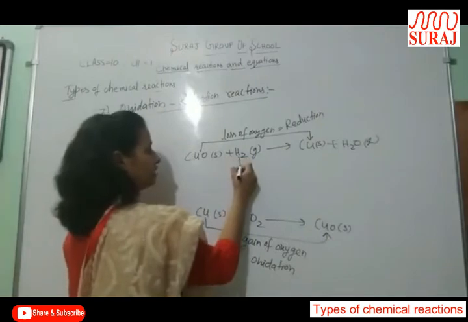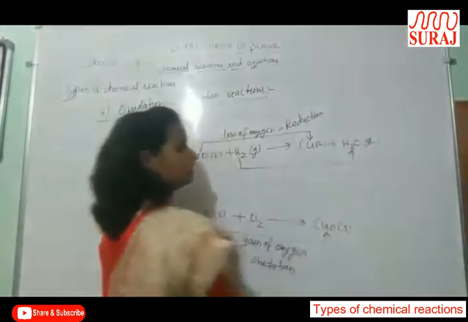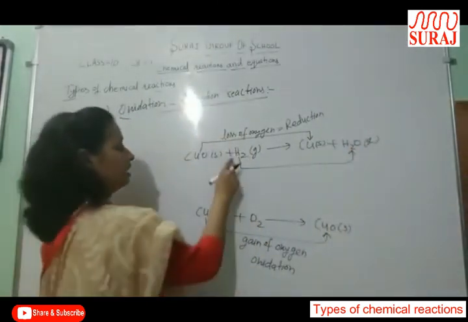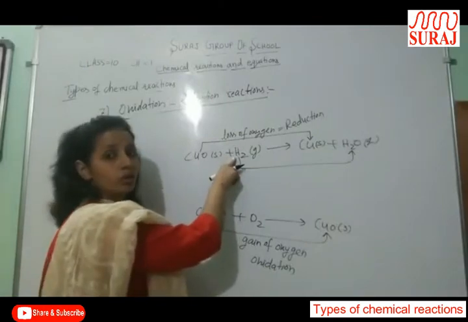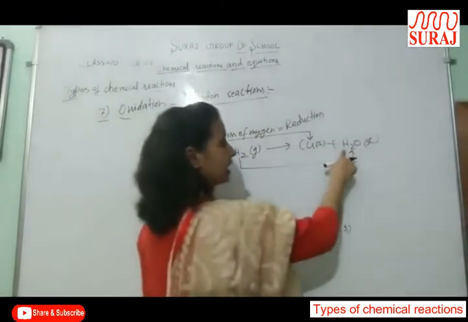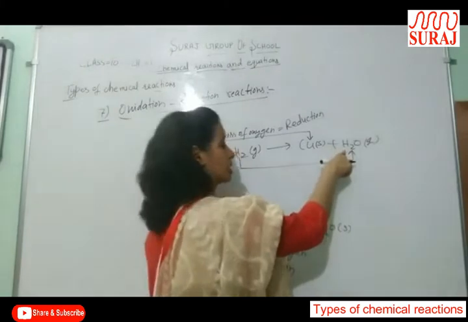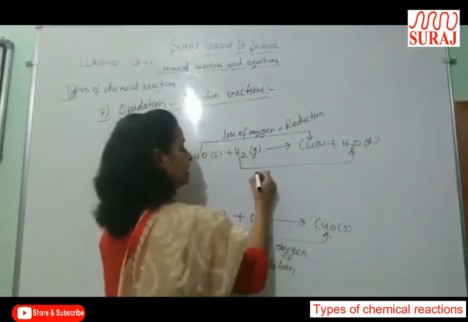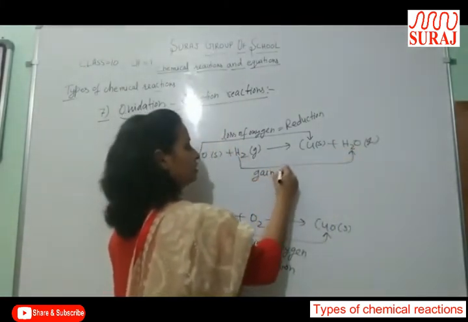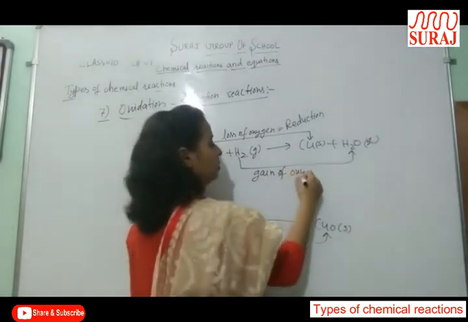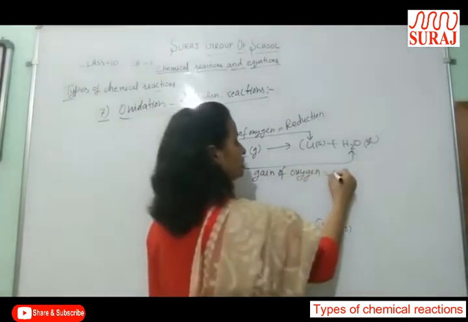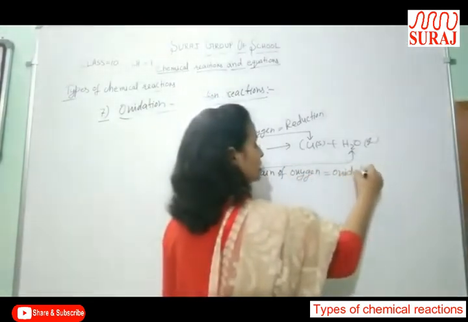Now we can say it for hydrogen and water. Here hydrogen has no oxygen, but on the product side hydrogen is combined with oxygen. So we can say that gain of oxygen is known as oxidation.